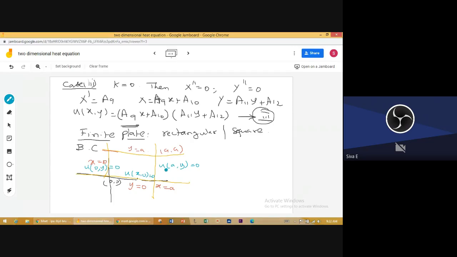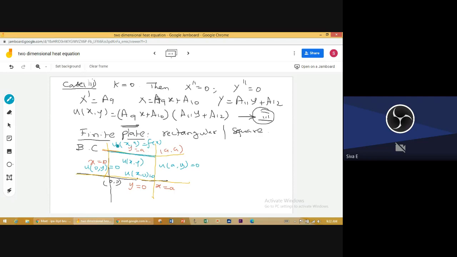All three sides are 0. Only one side has non-zero temperature. U of x comma y is the general temperature, but on the side where it is non-zero, u of x comma a equals some f of x, because we are keeping y constant, so it should be a function of x.